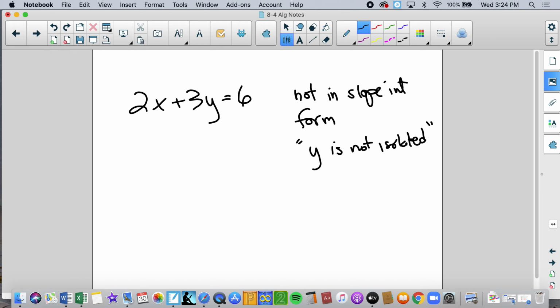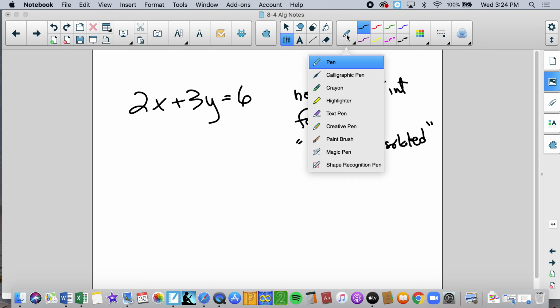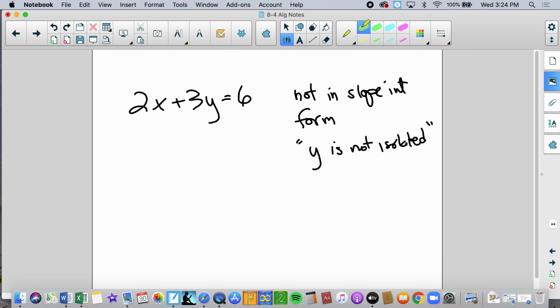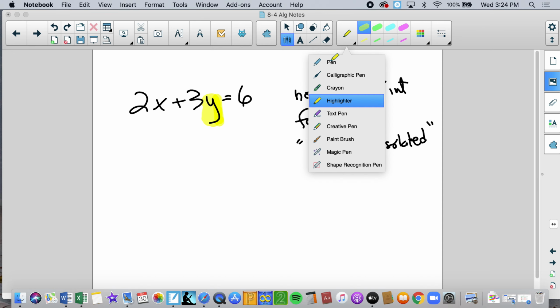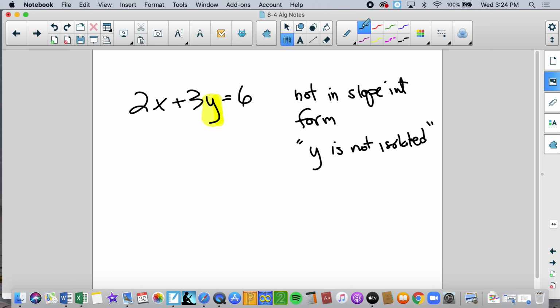So what do we need to do in order to get it in slope-intercept form? We have to solve for y. That's why in the other section, we did problems like this, 82 and 83. We tried a number of problems where we had to isolate y. There are two things happening to it: 2x is being added to it, and 3 is multiplying. We're always going to get rid of things being added or subtracted first.